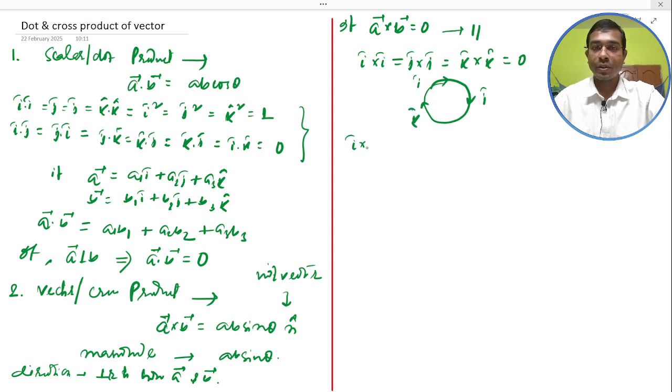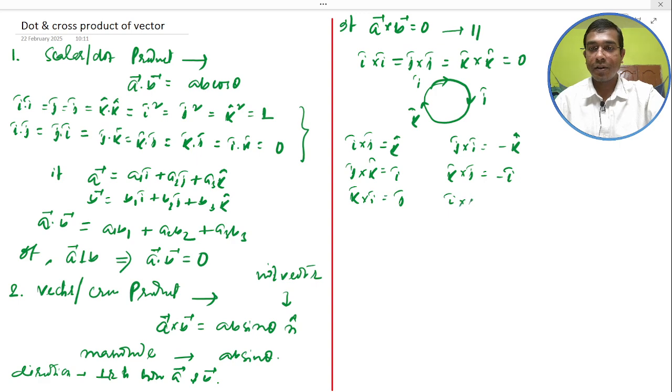So i cross j is k, and j cross i is minus k. j cross k becomes i, and k cross j becomes minus i. k cross i is j, and i cross k is minus j.